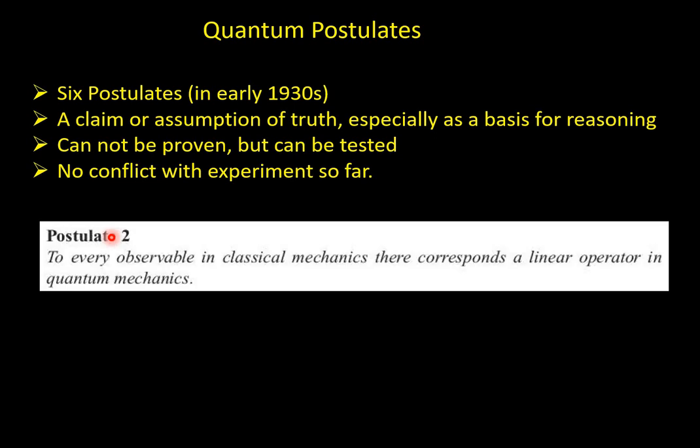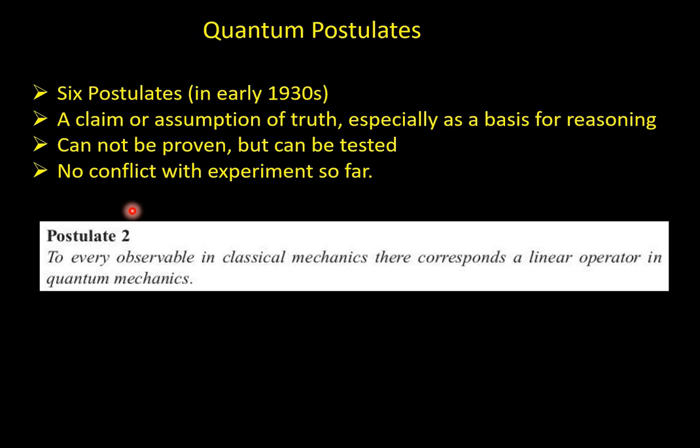So that is postulate, but I would not discuss one by one all the postulates here today. Rather, we will start with postulate 2. To every observable in classical mechanics, there corresponds a linear operator in quantum mechanics. What linear operator means, we have discussed in the earlier video, ConQuiz-15.